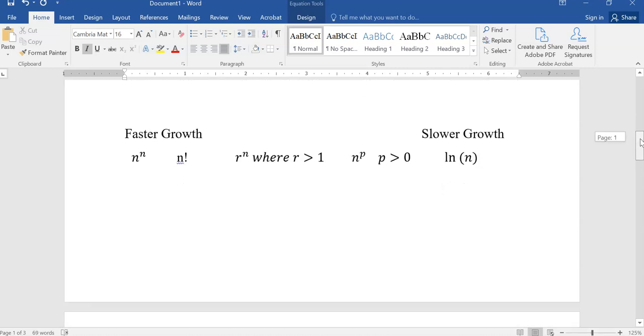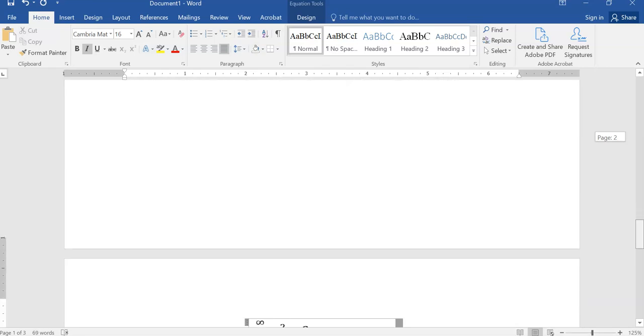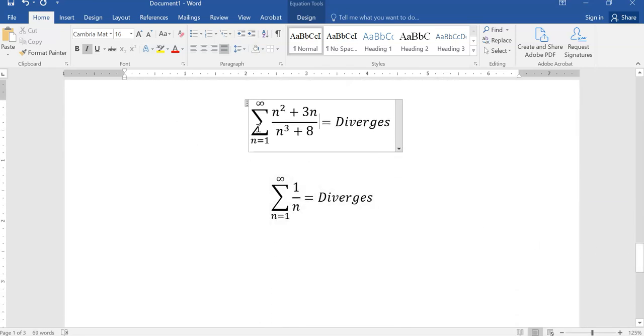The ratio test considers all functions that are n to some power on the same level. So you can't just say the denominator grows faster. It does grow faster, but it grows on the same level as the top. And in this case, we would have to use the limit comparison test. You'd compare it to this thing that diverges, therefore my original series diverges.